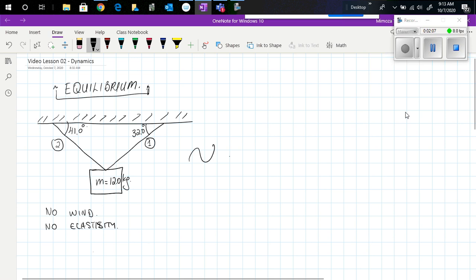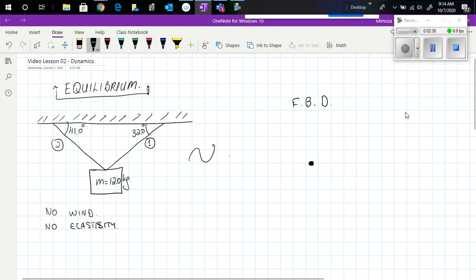So now let's create the free body diagram. As we said yesterday, it is a diagram that is free of the object, and what we see is only forces. The object is represented by a dot, where all the mass of the object is concentrated.